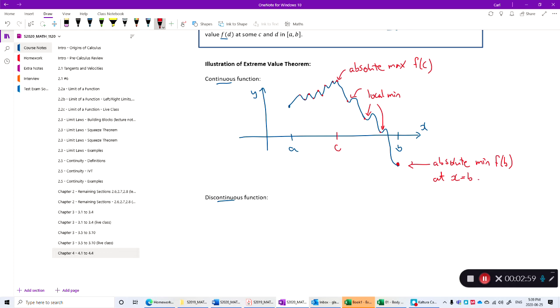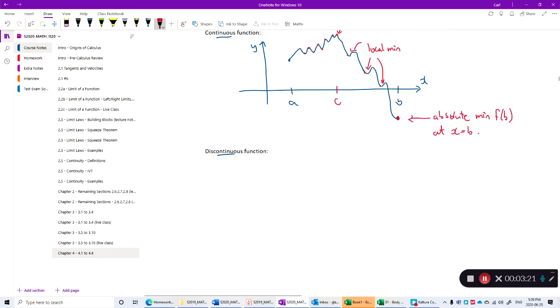Okay, so proving the extreme value theorem is something we're not going to do. It requires some deeper theory about what exactly is continuity, what exactly is a number, in fact. But this just illustrates the basic idea. Okay, what about a discontinuous function? So let's do two cases.